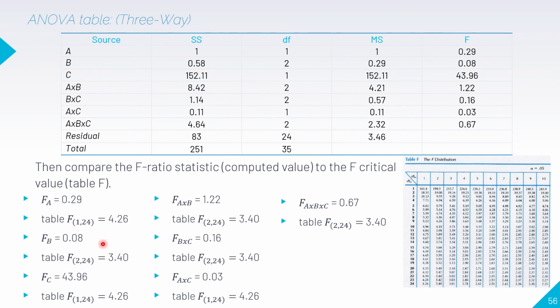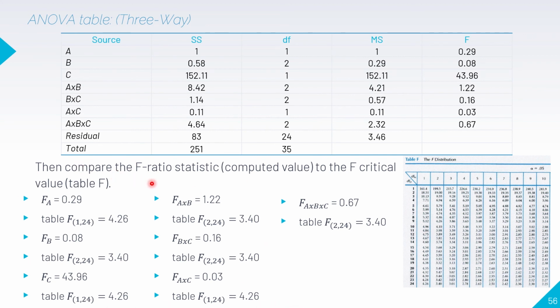So this is our F critical value. FC is the same as FA, so we just copy it. The others are the same as well, 3.40, 3.40, and that's our F critical value.